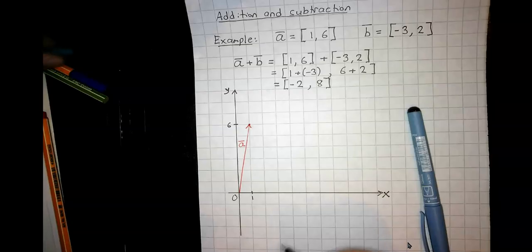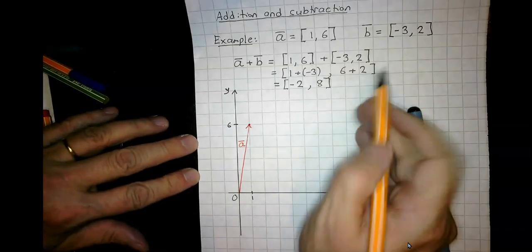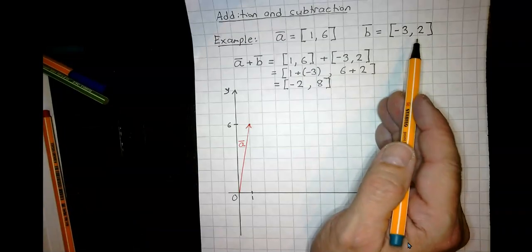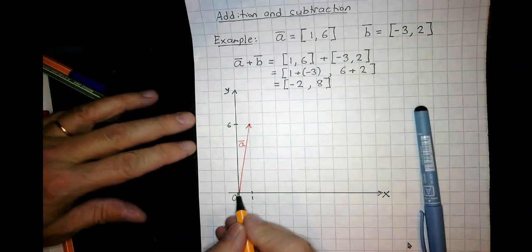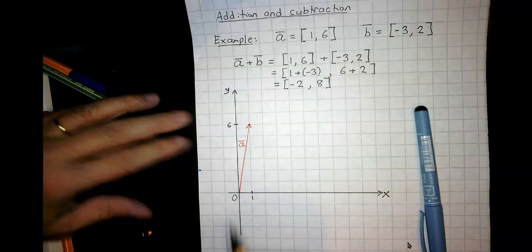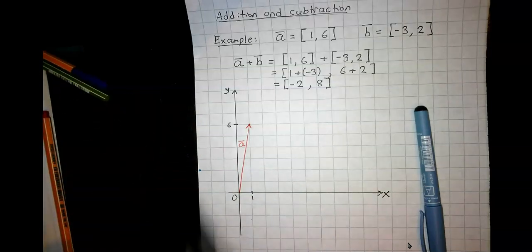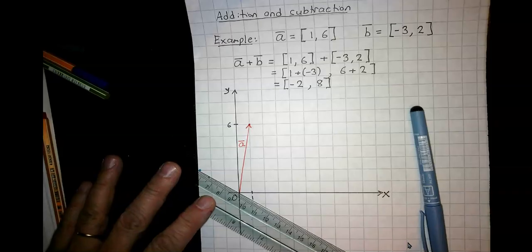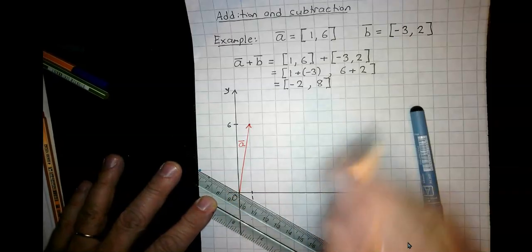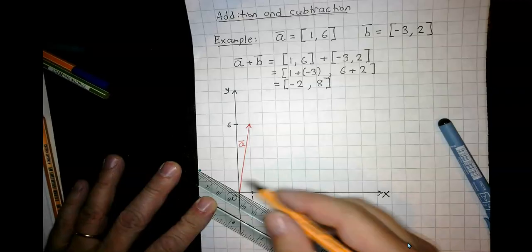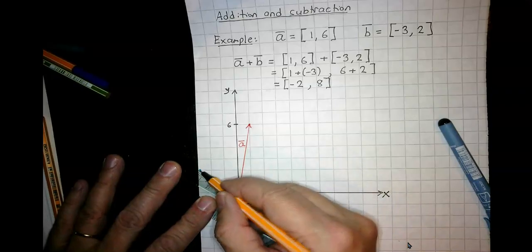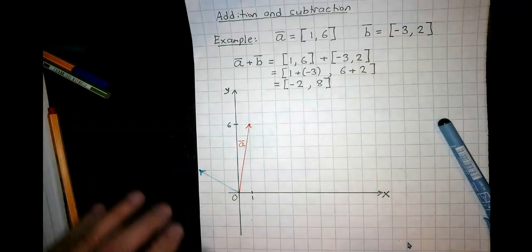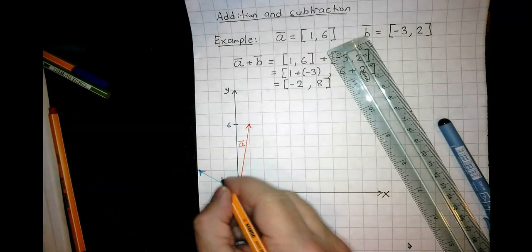Well, sometimes this happens, because now I have to find out the place -3, 2, or the point -3, 2, and it is exactly here. So this is vector B.